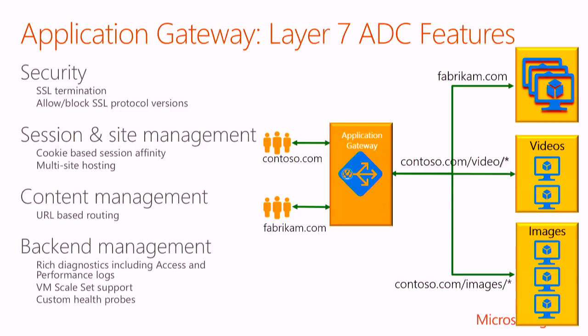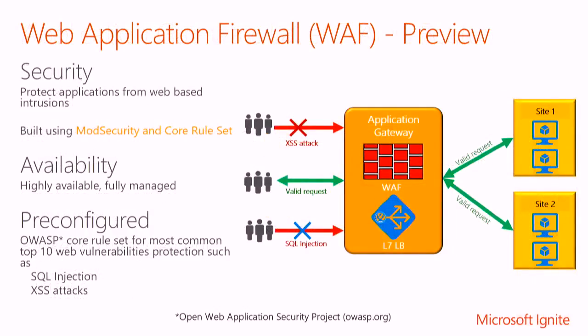On top of it, it's not enough if I just look at the incoming request and redirect. There could be some malicious request coming in. I want to be able to inspect that kind of malicious traffic also. So that's the new SKU that we added, which is the WAF SKU for the application gateway. It basically has a set of rules based on the Open Web Application Security Project.